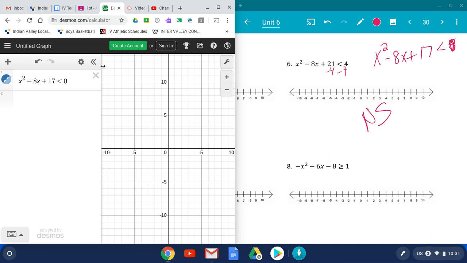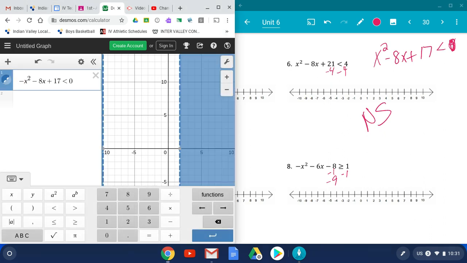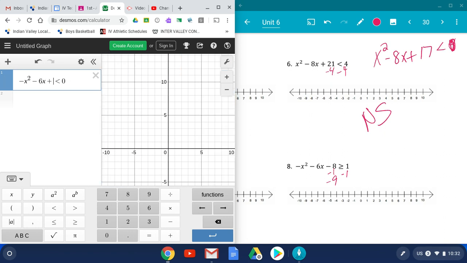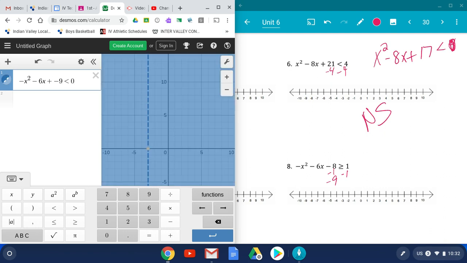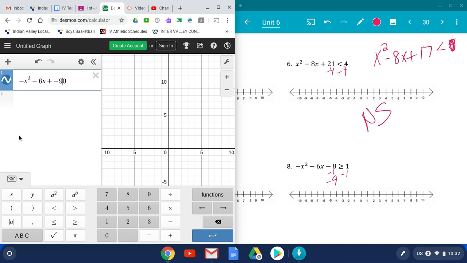Number 8. I'm going to go ahead and jump ahead on number 8. If I subtract 1, that becomes a negative 9. So I have negative x squared minus 6x minus 9 is greater than or equal to 0.